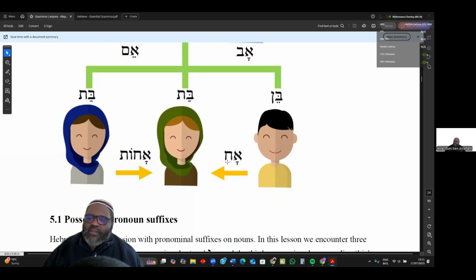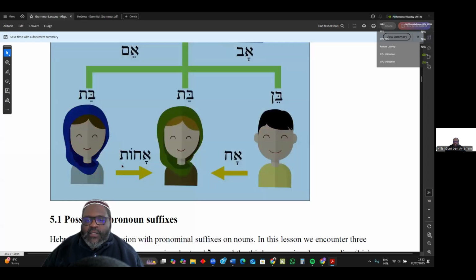Ach is brother. But between two sisters, they use the word achot between the two of them. And if this girl wants to interact with her brother, she will say ach. If the brother wants to interact with this sister, he will say achot.